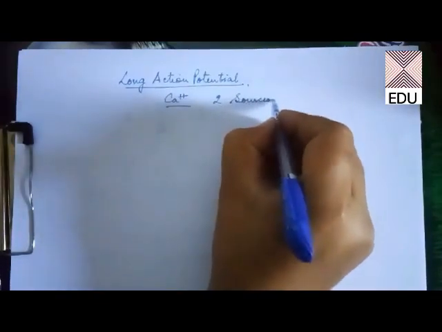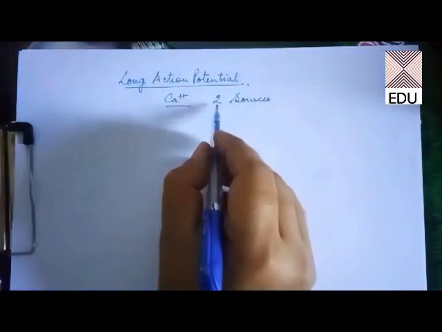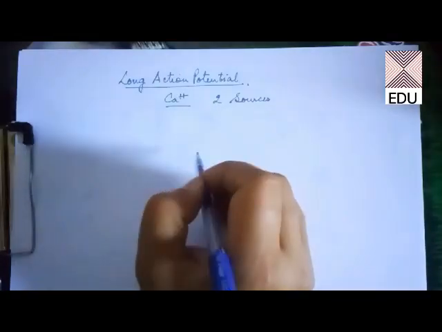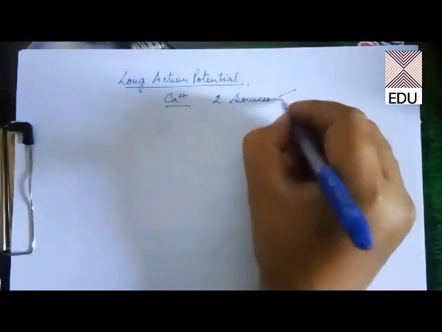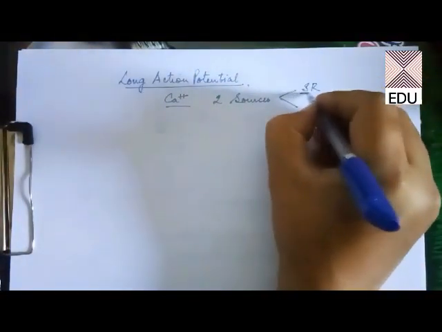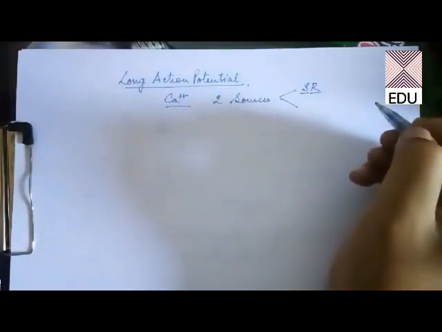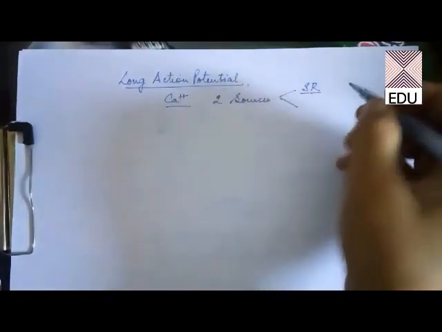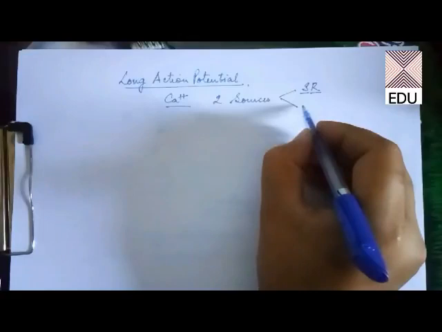But in skeletal muscle we have got only one source, which is the sarcoplasmic reticulum. Here the first source is the sarcoplasmic reticulum, as in skeletal muscles, but in cardiac muscles we got the second source.